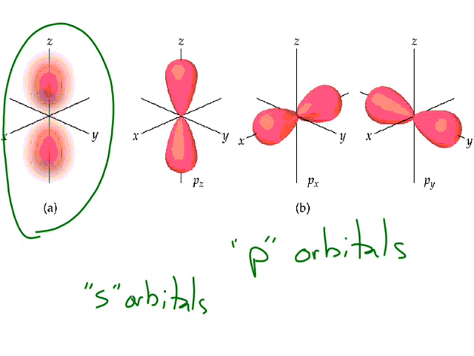When we look at the P sublevel, remember, it had 3 orbitals. Again, these orbitals come as a result of the probability functions, Schrodinger's equation, and they describe 3 different regions in space. Those 3 different regions happen to look like dumbbells, and they're oriented on the axes of the 3 coordinates.